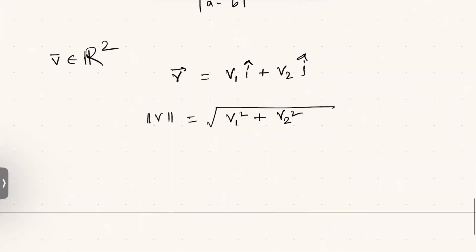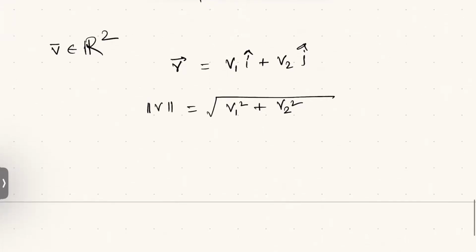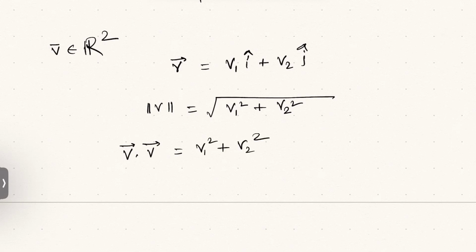But we also know another operation in the vector space R2, which is known as the scalar product or dot product. The product, known as the inner product, is given by V dot V, and this is again V1 square plus V2 square.